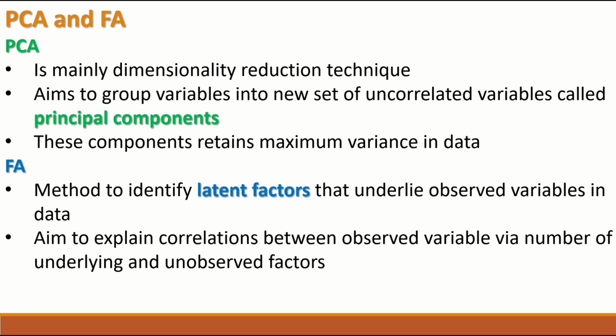So there is a major difference between these two techniques. The first one is a reduction technique. The second one searches for latent factors. This latent factor will explain correlation between variables when they are arranged into factors or constructs.